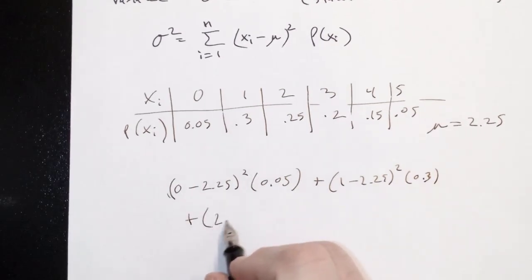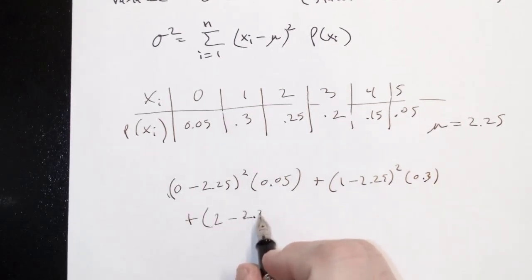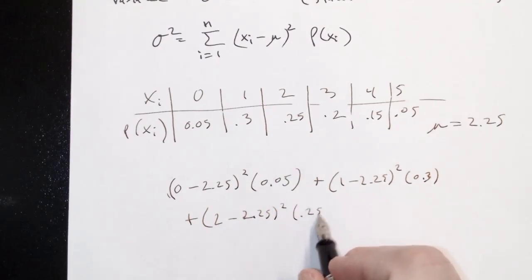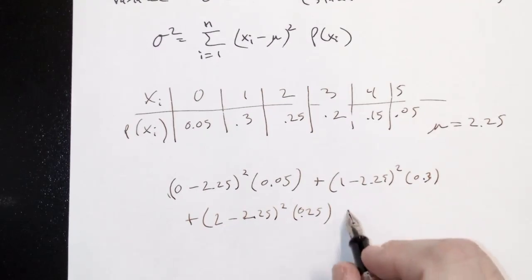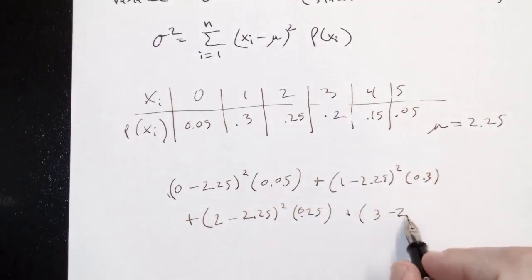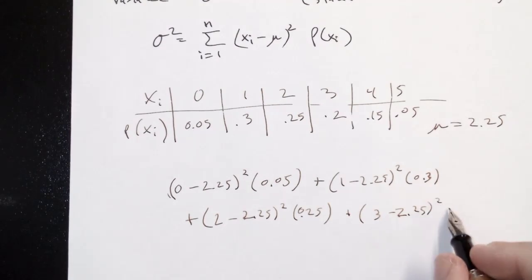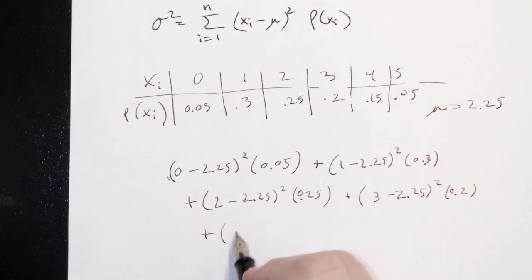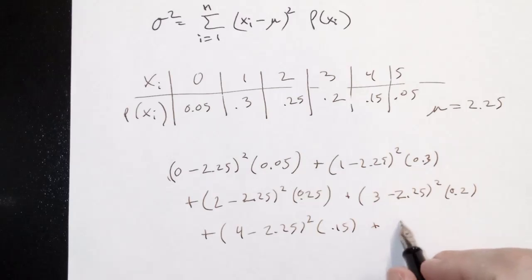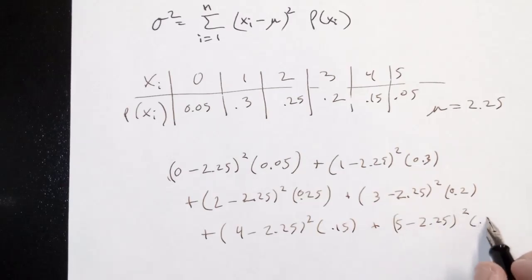And then 2 minus 2.25 squared times its probability, 0.25. And then 3 minus 2.25 squared times 0.2. 4 minus 2.25 squared times 0.15. And 5 minus 2.25 squared times 0.05.